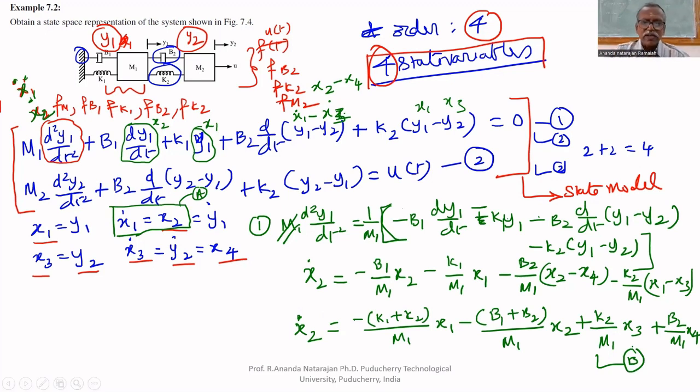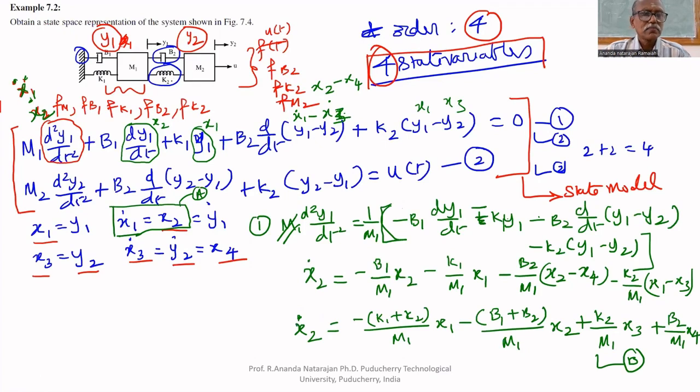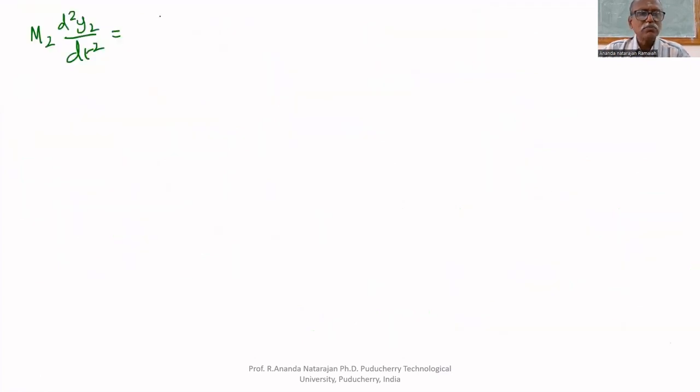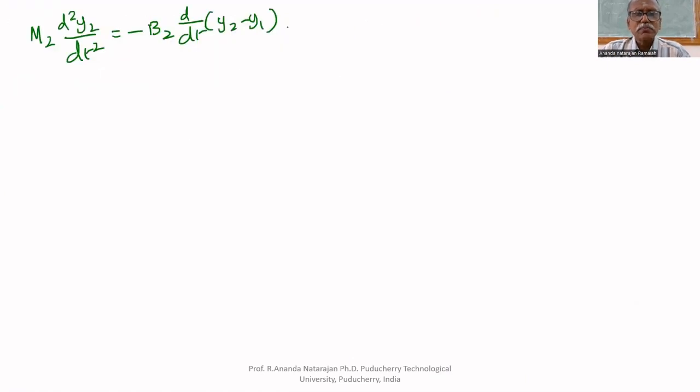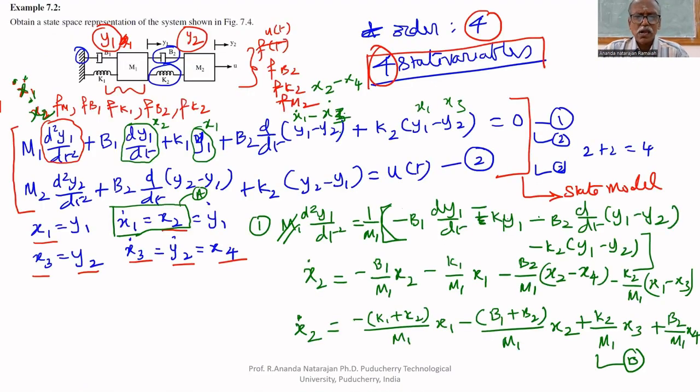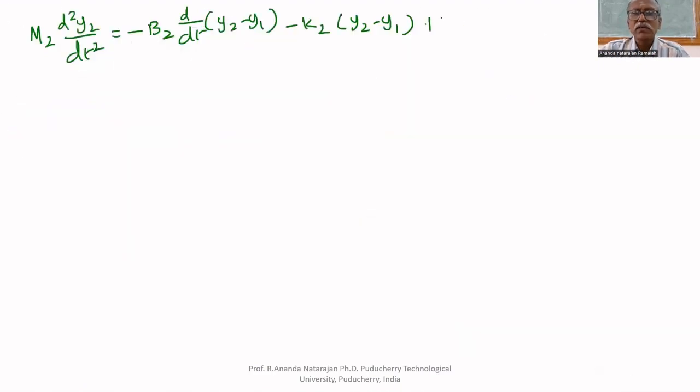From the second equation we have to find the rest. So what is the second equation? m2 d square y2 by dt square equal to minus b2 d by dt of (y2 minus y1) minus k2 (y2 minus y1) plus u of t.